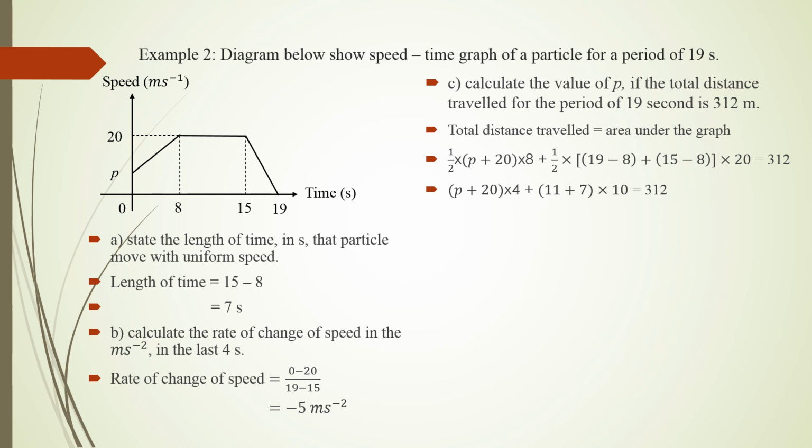So simplify, P plus 20 times 4 plus 11 plus 7 times 10 equals 312.